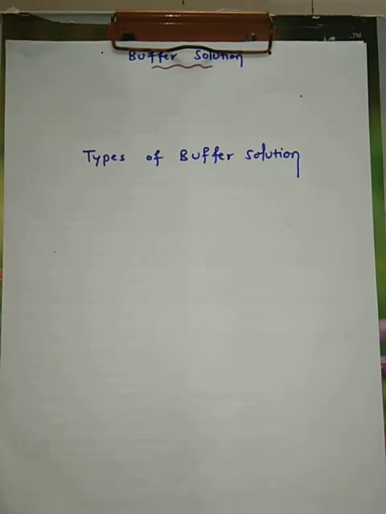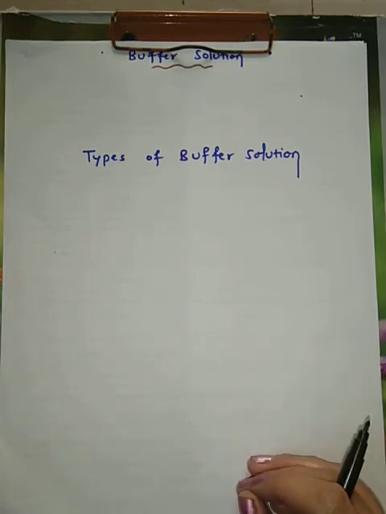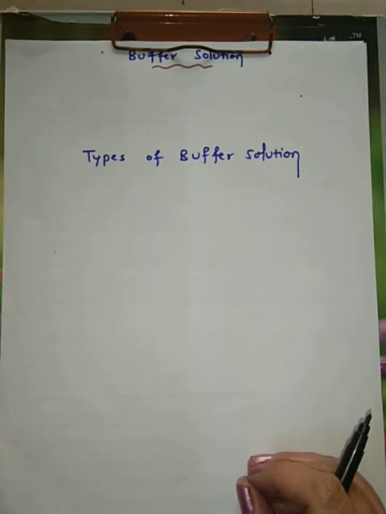What do we mean by buffer solution? This is altogether a new topic we are starting. It is a solution which resists changes in pH when a small amount of strong acid or strong base is added to it.